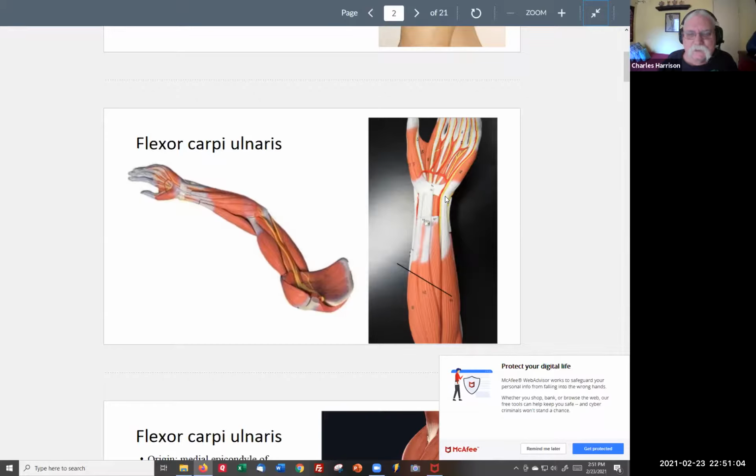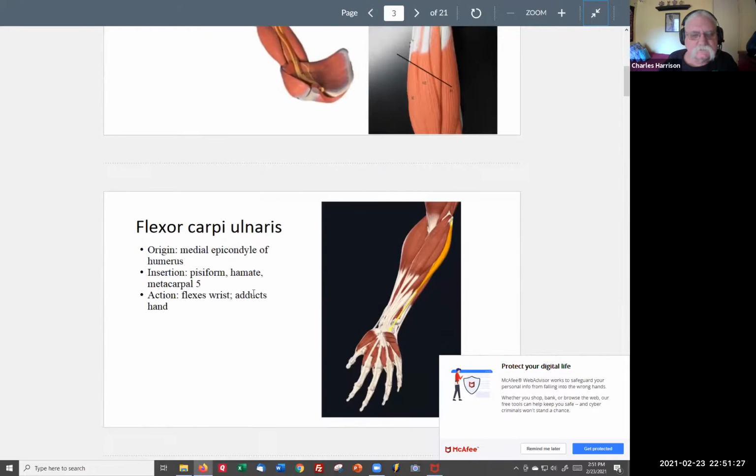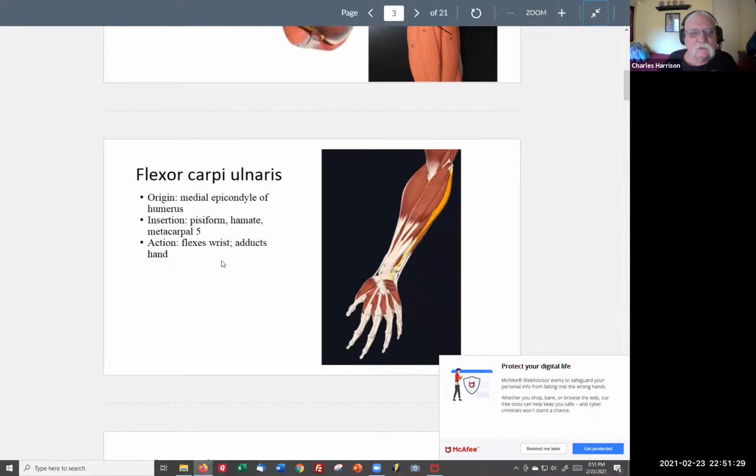So it's flexor. It's going to cause the hand to come towards us here in this picture. Carpi, because it's attached to a carpal. Ulnaris, because it's on the little finger side. Flexor carpi ulnaris. Giving you the basics of it here.